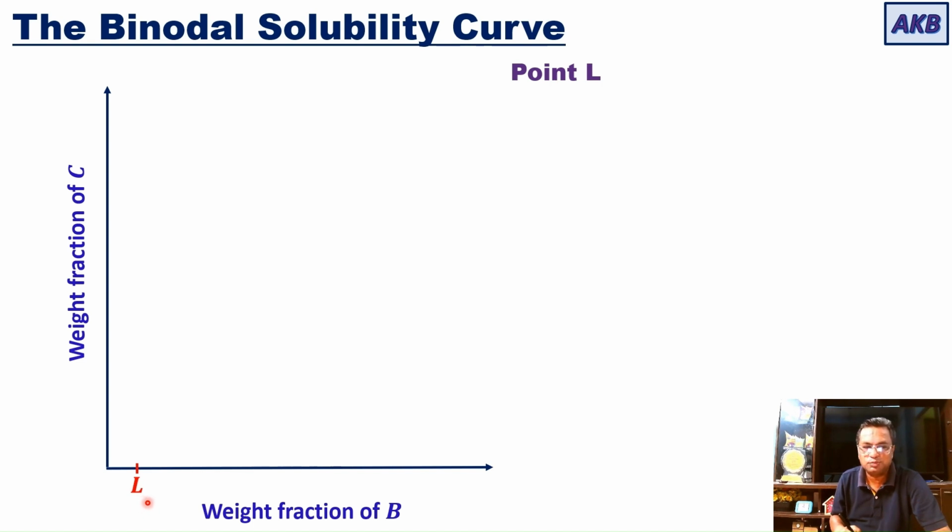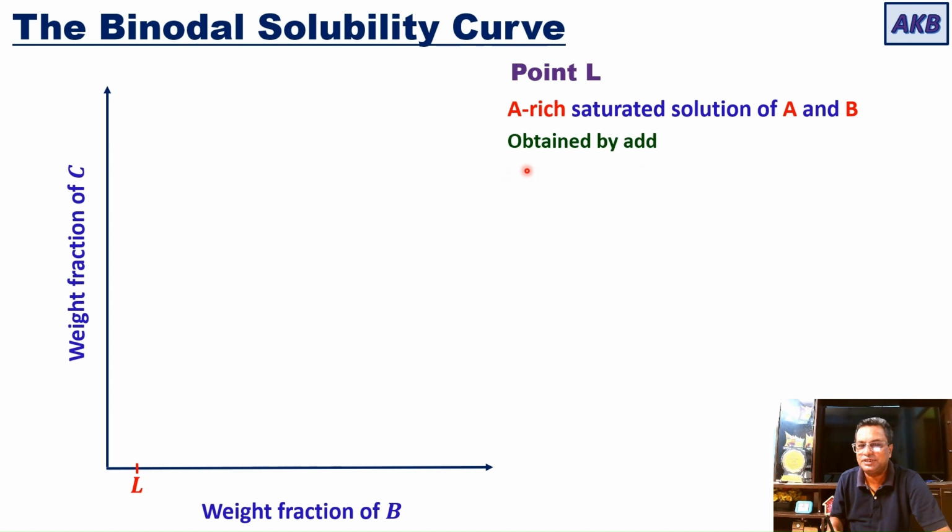So let us first talk about point L, and I'm representing that point over here. What does this point L represent? Point L represents an A rich saturated solution of A and B, which is obtained by adding B to A. Since we are talking about a system in which A and B are soluble in each other to a limited extent, if you go on adding B to A, a stage will be reached where you get an A rich saturated solution.